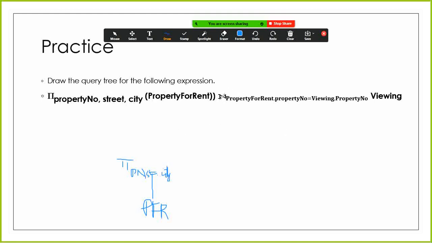Now we are applying a left join between these two tables. So here we have this viewing table as a leaf node, and we are joining it on the condition that property for rent dot property number is equal to viewing dot property number.